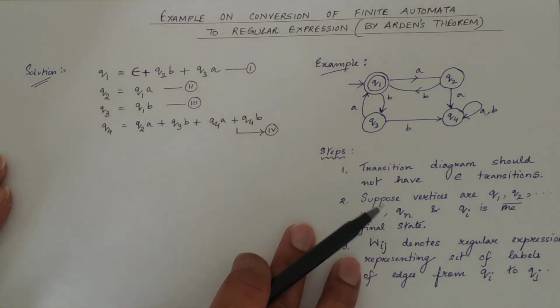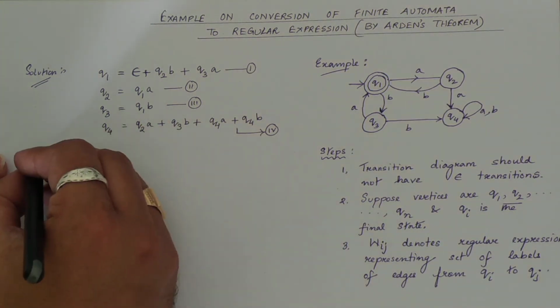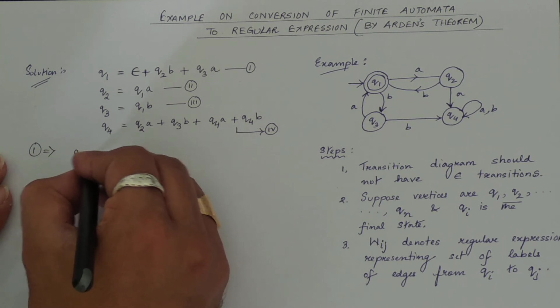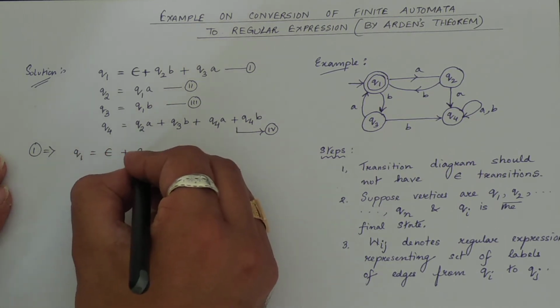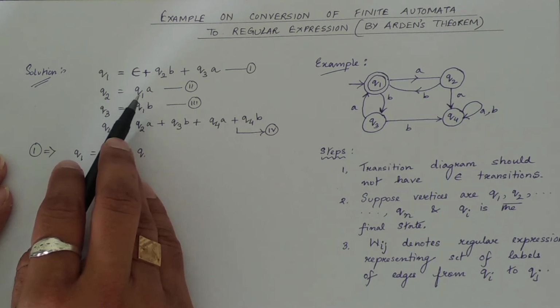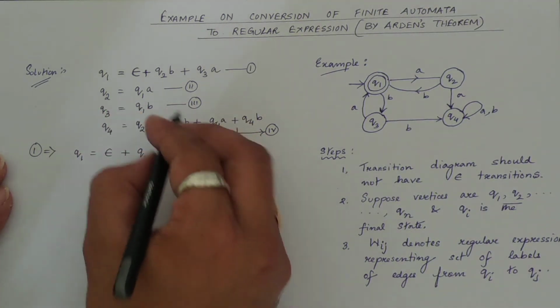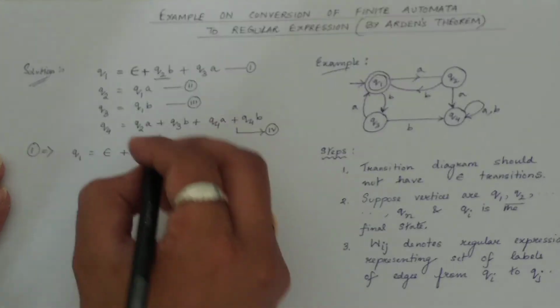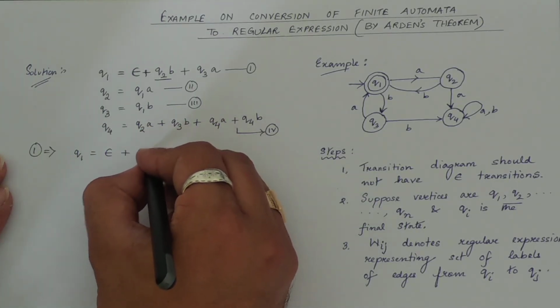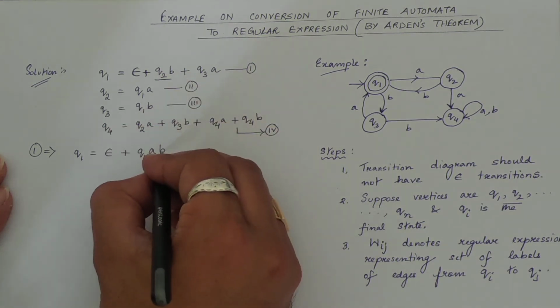So basically, I'll be starting off with Q1, equation number 1. You just have to use the substitution method. Can I convert Q2 in terms of Q1? Yes, I can. So in place of Q2, I can write Q1A, and B was already there, so it will be Q1AB.